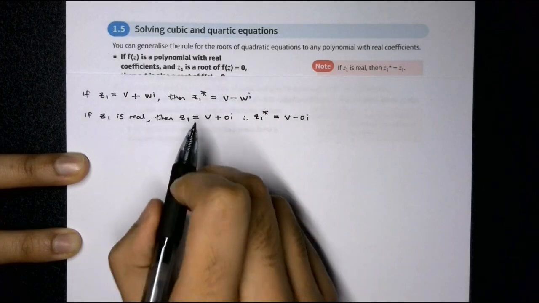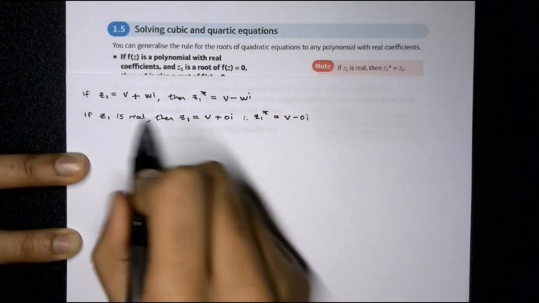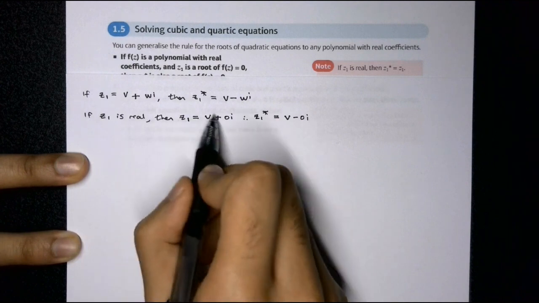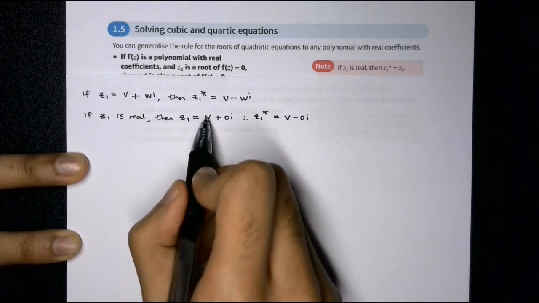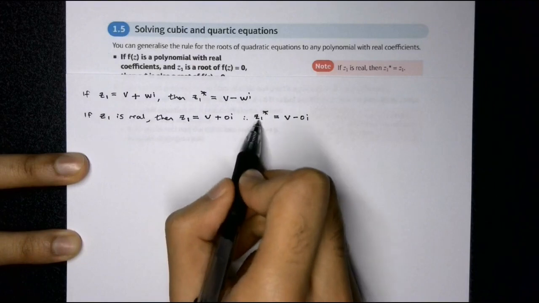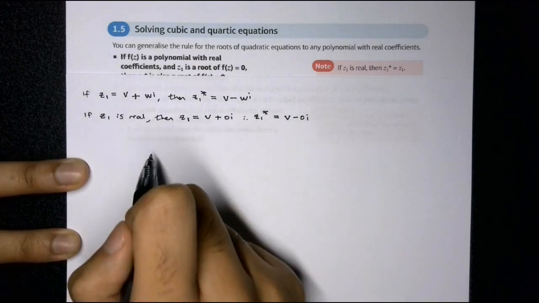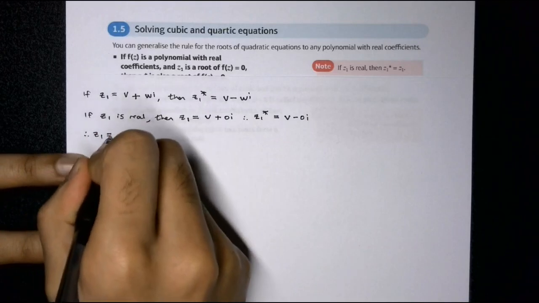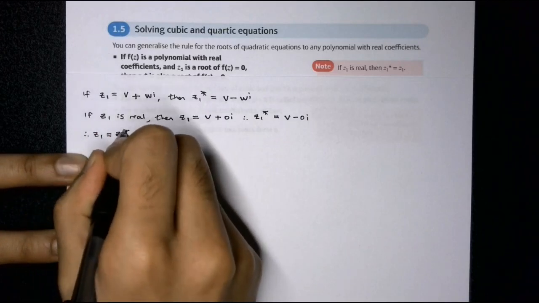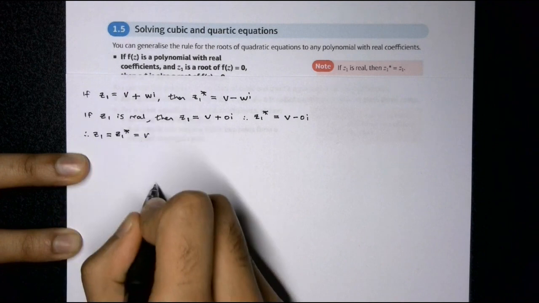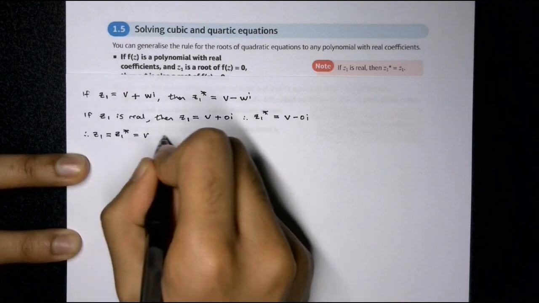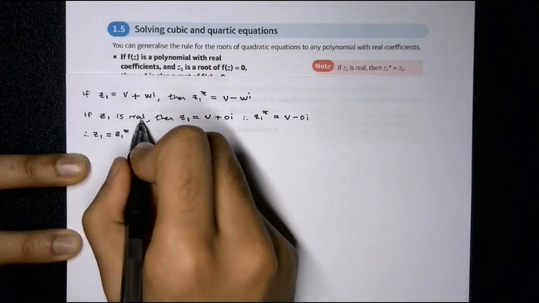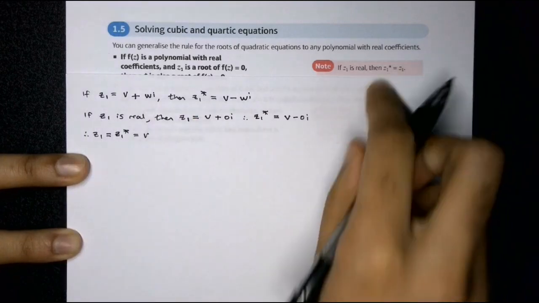So what you can see over here, if z1 is real, then z1 is equal to v, and its complex conjugate, z1 star, is also equal to v. So therefore, z1, which is equal to z1 star, is equal to v. And that's assuming that z1 is real. And that's what's mentioned over here.